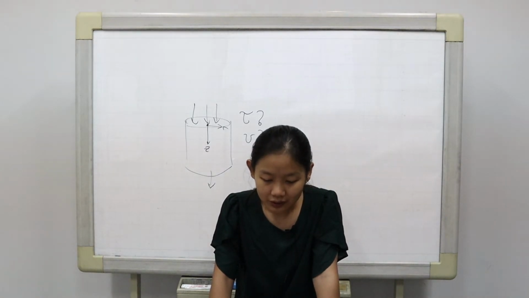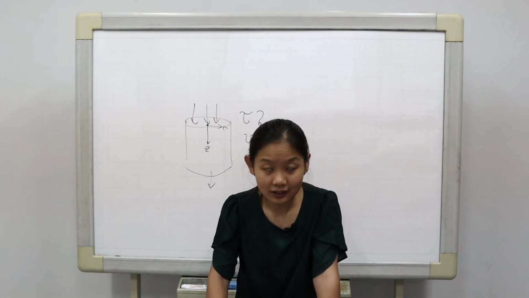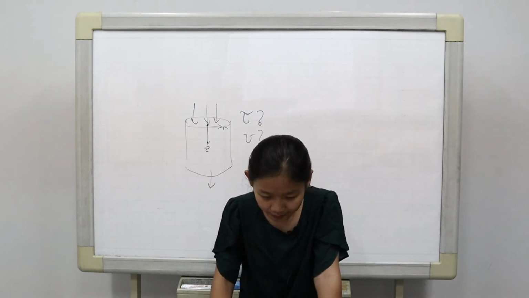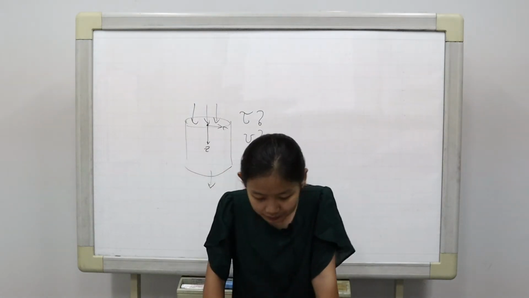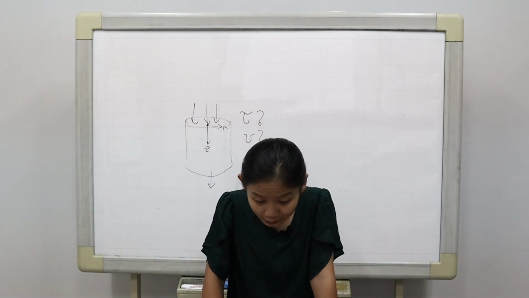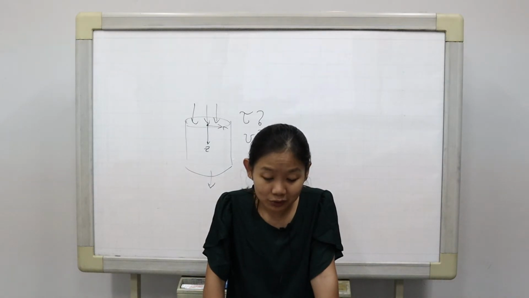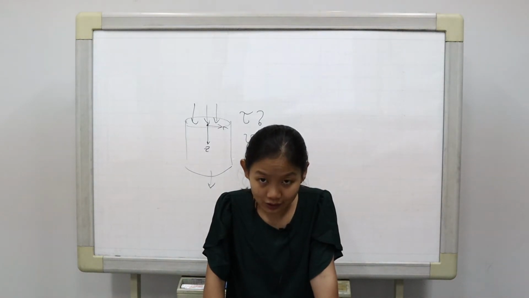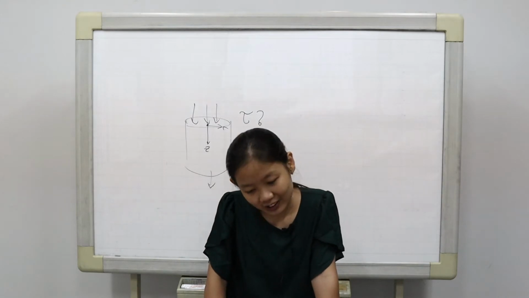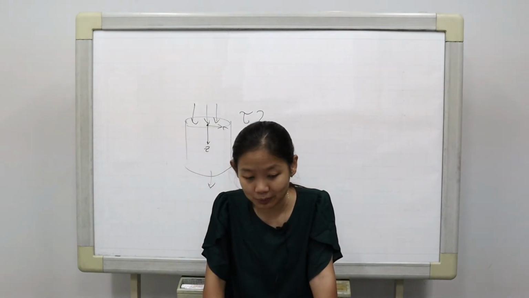Now, if you look at equation B5.6, let's observe each term. The first term, dou Vz over dt. So dou Vz over dt is equal to 0. Why? Because what we have here is a steady state problem.